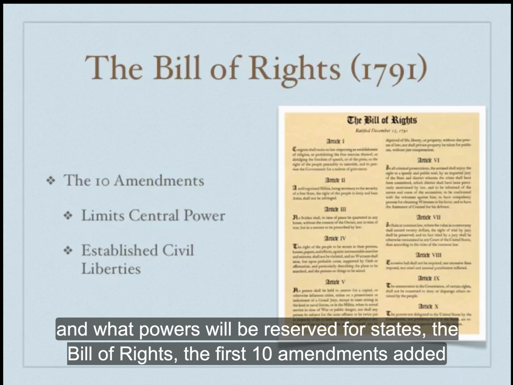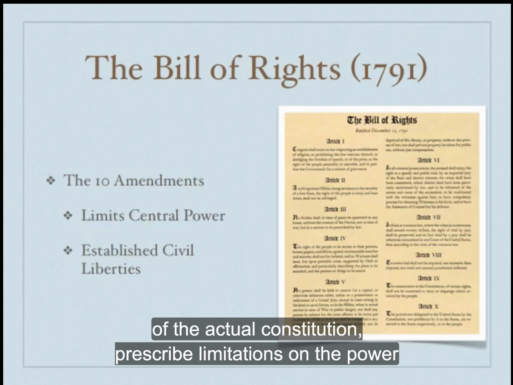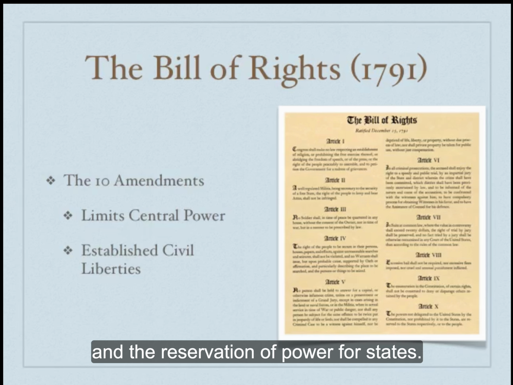The Bill of Rights, the first 10 amendments added to the Constitution on December 15th of 1791, 3 years after ratification of the actual Constitution, prescribe limitations on the power of the federal government and establish individual civil liberties and the reservation of power for states.